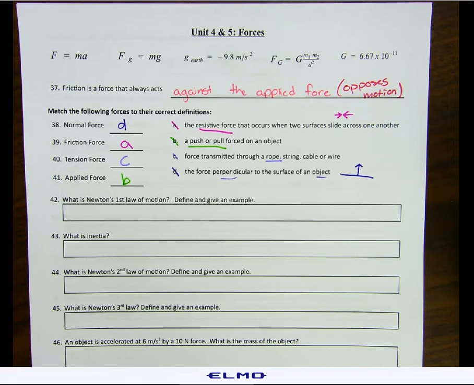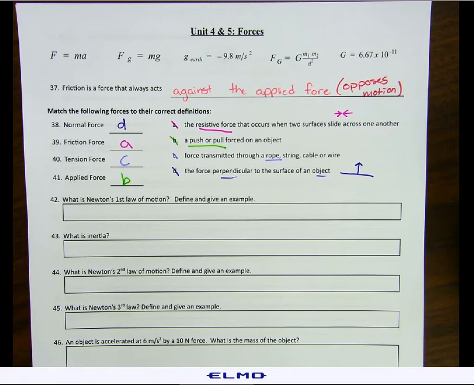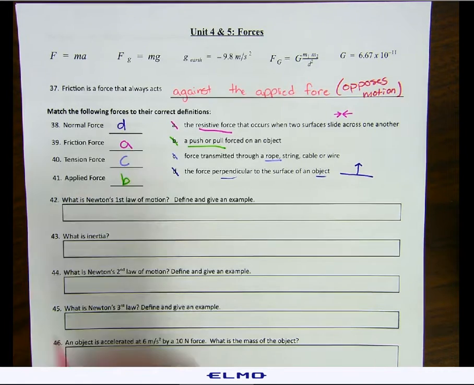Number 42, what is Newton's first law of motion? Define and give an example. So Newton's first law of motion states that an object in motion will stay in motion, or an object at rest will stay at rest.